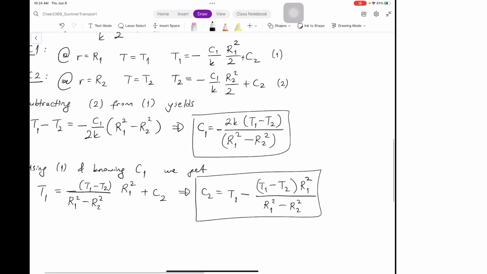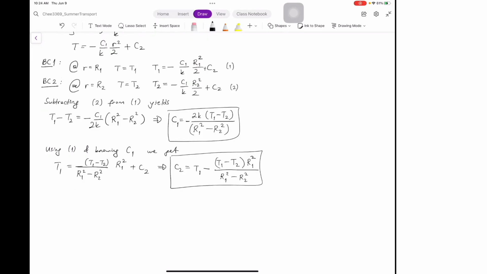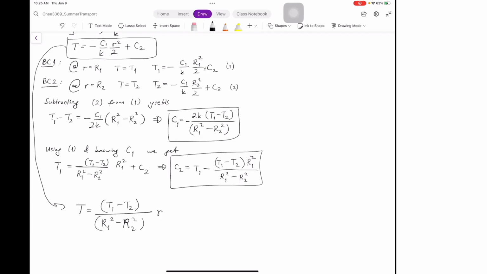That's C2. And if you plug these into the equation, this temperature profile is going to look like T is equal to minus C1 over K, well, actually minus C1 over 2K, you can write as T1 minus T2 divided by R1 squared minus R2 squared, R squared plus C2, which is this number, but I'm going to write it in the other order, minus T1 minus T2 over R1 squared minus R2 squared, R1 squared plus T1.